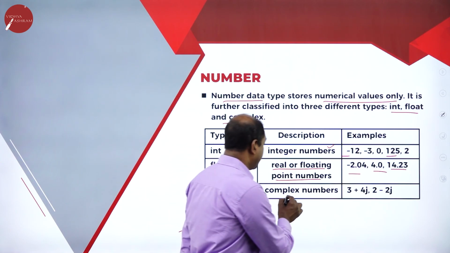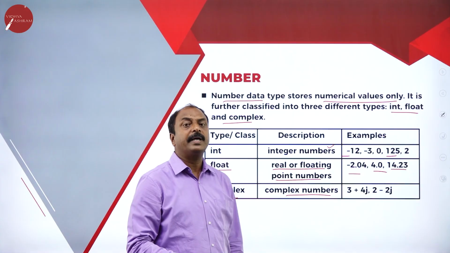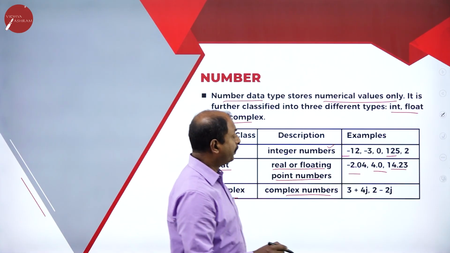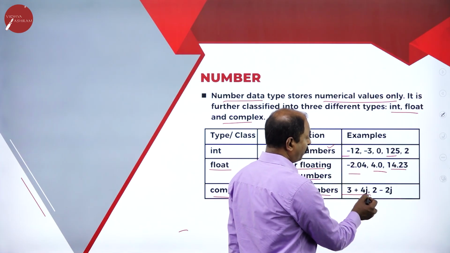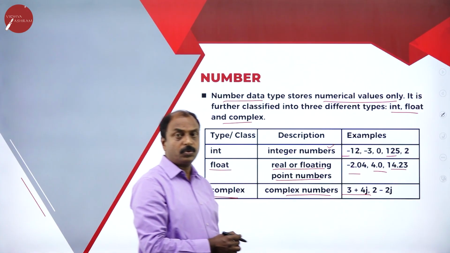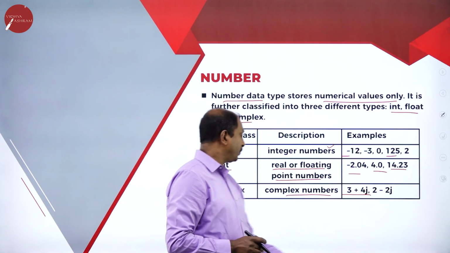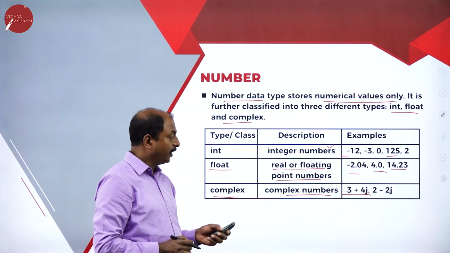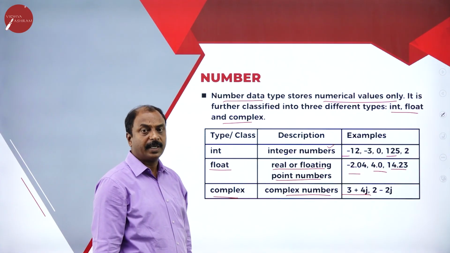Here we represent complex numbers, which are imaginary numbers, of this type: 3 plus 4j, 2 minus 2j. These are nothing but complex numbers. To represent these types of values, we use the complex data type. So these are the 3 data types under the number data type.